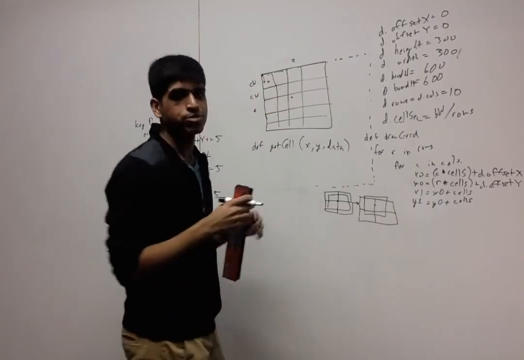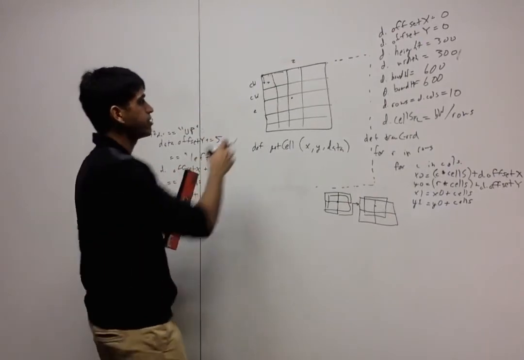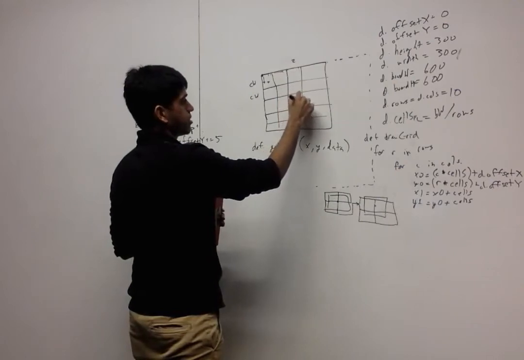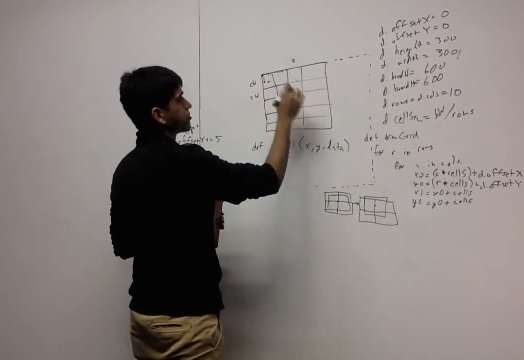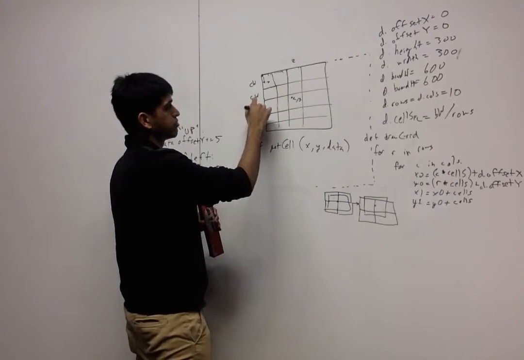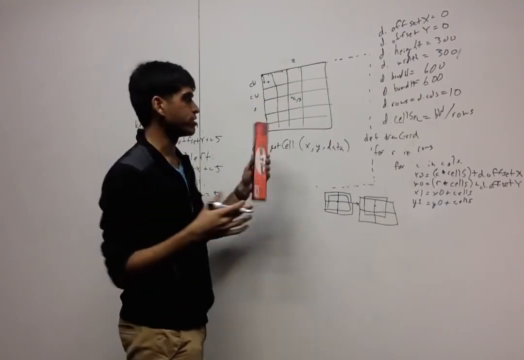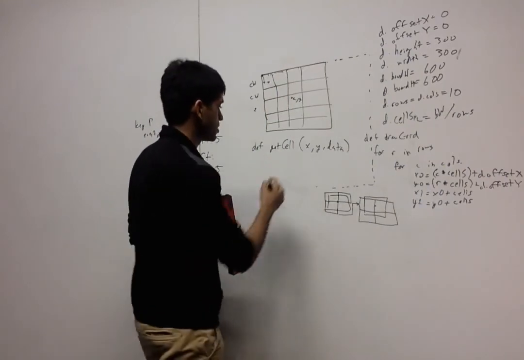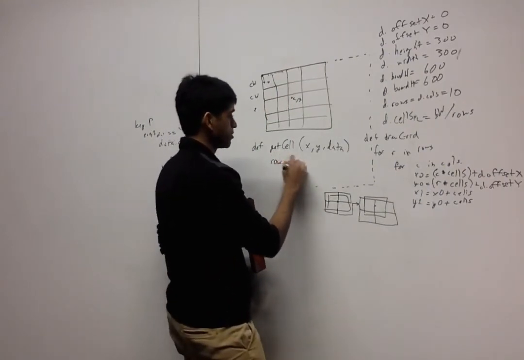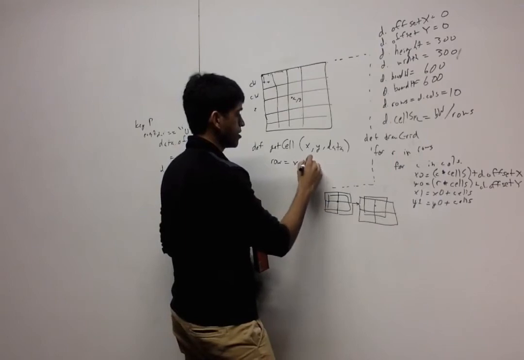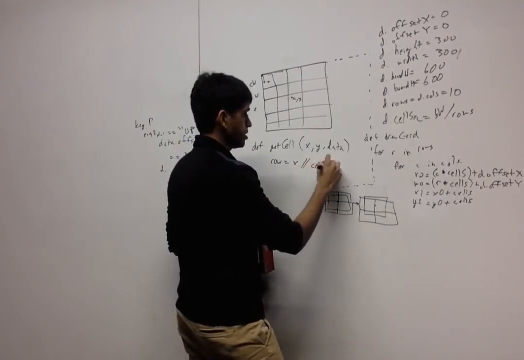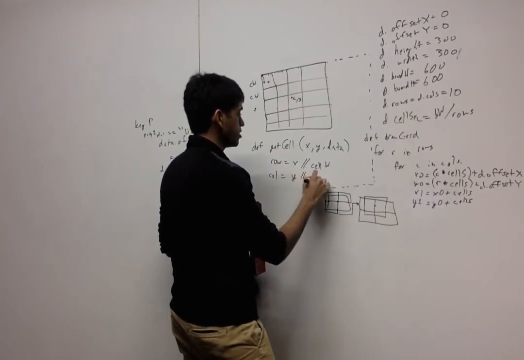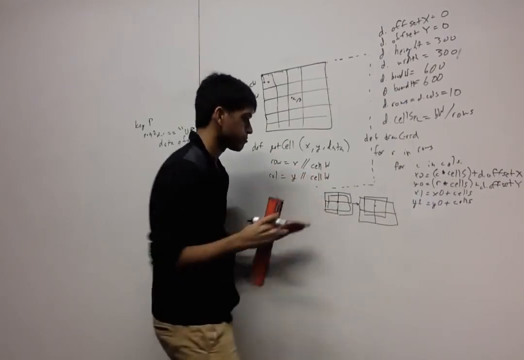So I need to find the number of CWs that go into x and the number that go into y, which gives me 2 and some change, so with integer division we get 2 in both directions. So the row is equal to x divided by cell width, and the column is equal to y divided by cell width.